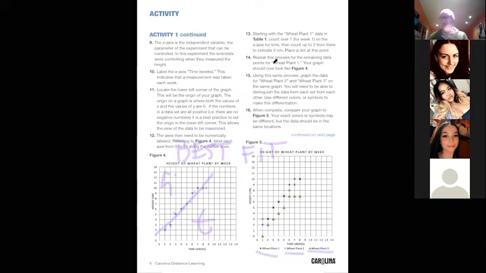So you're going to want to have 3 different ways of marking your data points. If you're going to use all the same color, then maybe use one with a circle, one with a check mark, one with an X, or one with a square. Make sure that they're all different from each other.